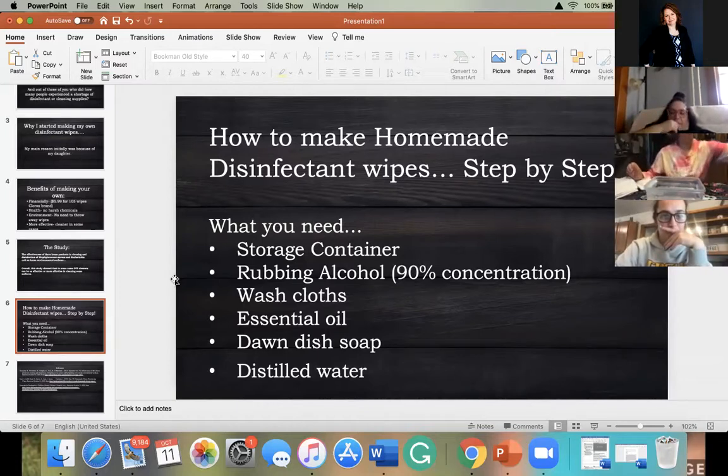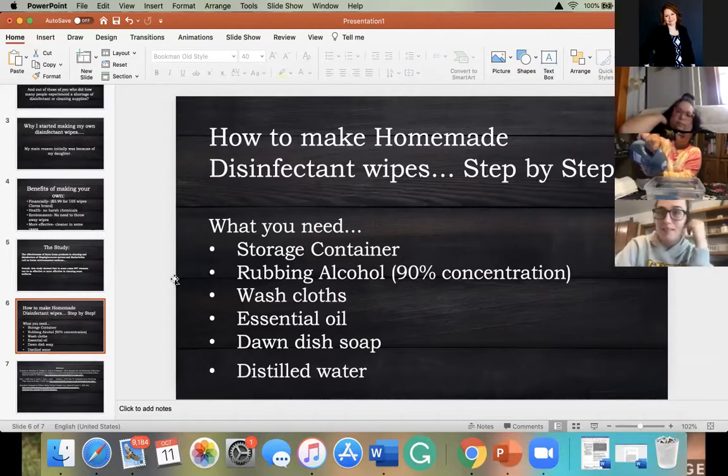And then your Dawn dish soap. It's supposed to be 2 to 3 tablespoons per the 2 cups to 1 cup. And I will share the actual printout with you guys, so you can actually maybe do it unlike myself and make it legit.